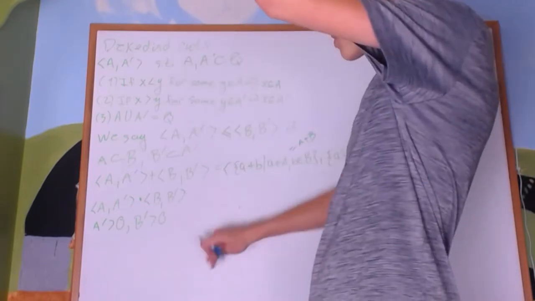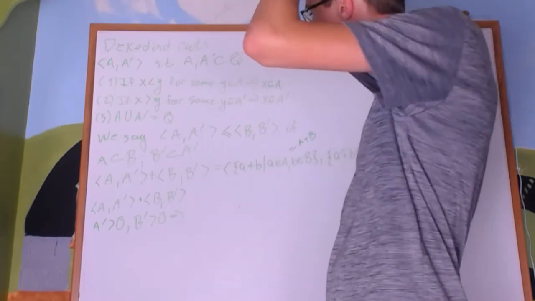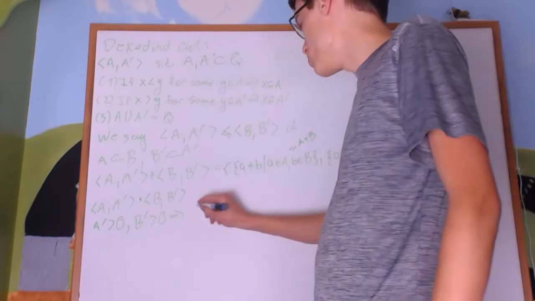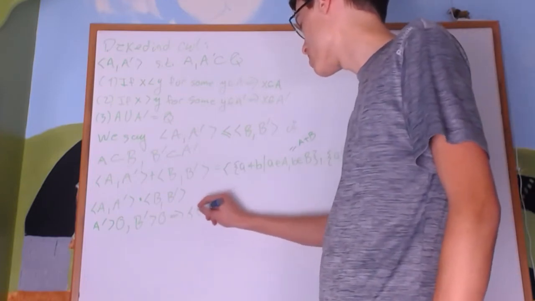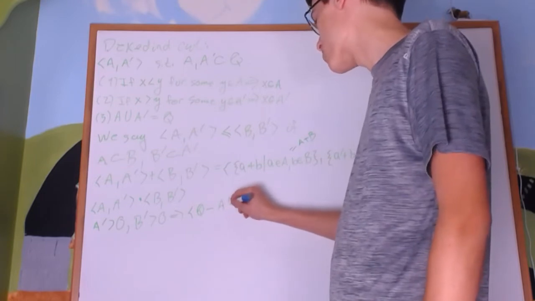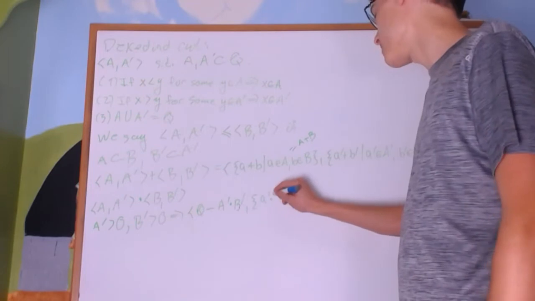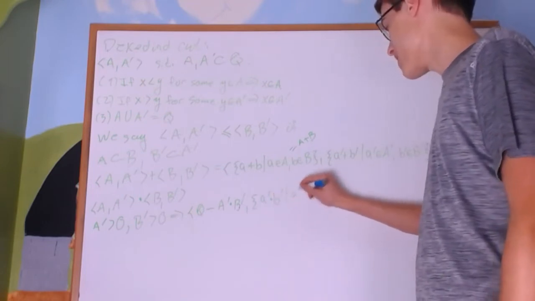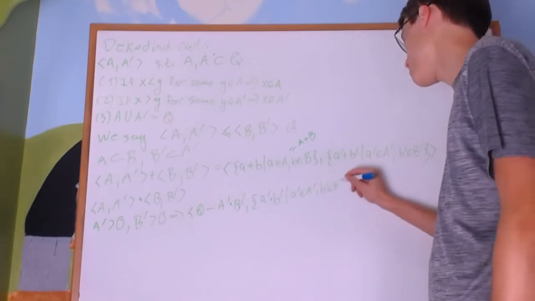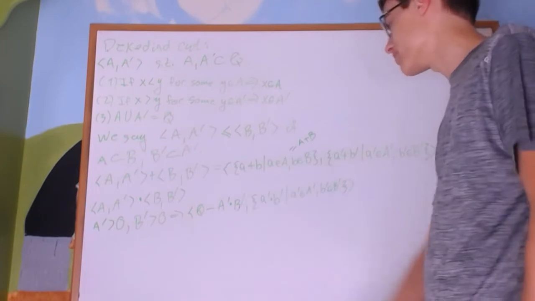So if both of these are positive, the way we define it is you do the rationals minus A prime times B prime, and then you do the set of A prime times B prime for A prime and A prime, B prime and B prime. Alright, and then you just do the opposite of it.